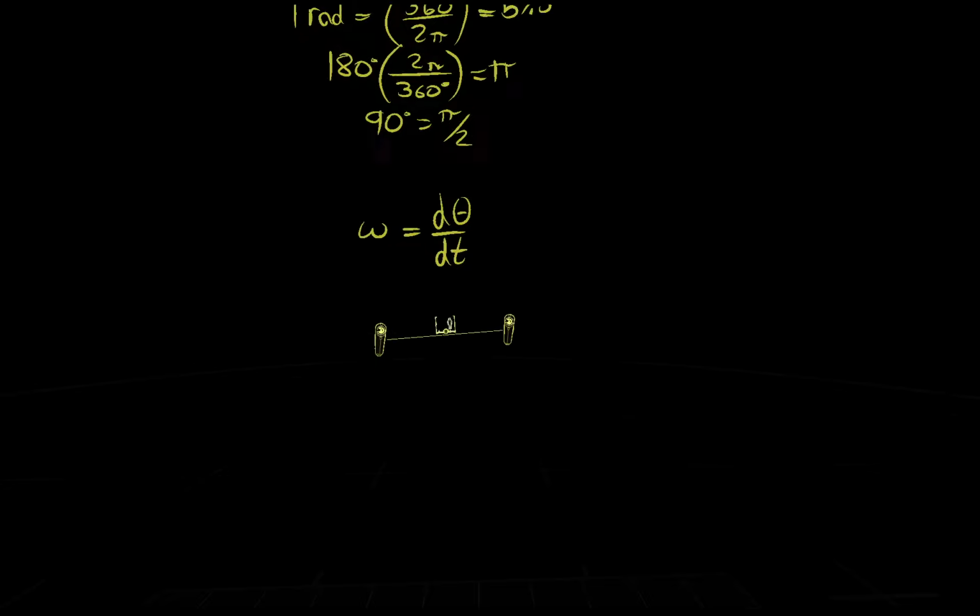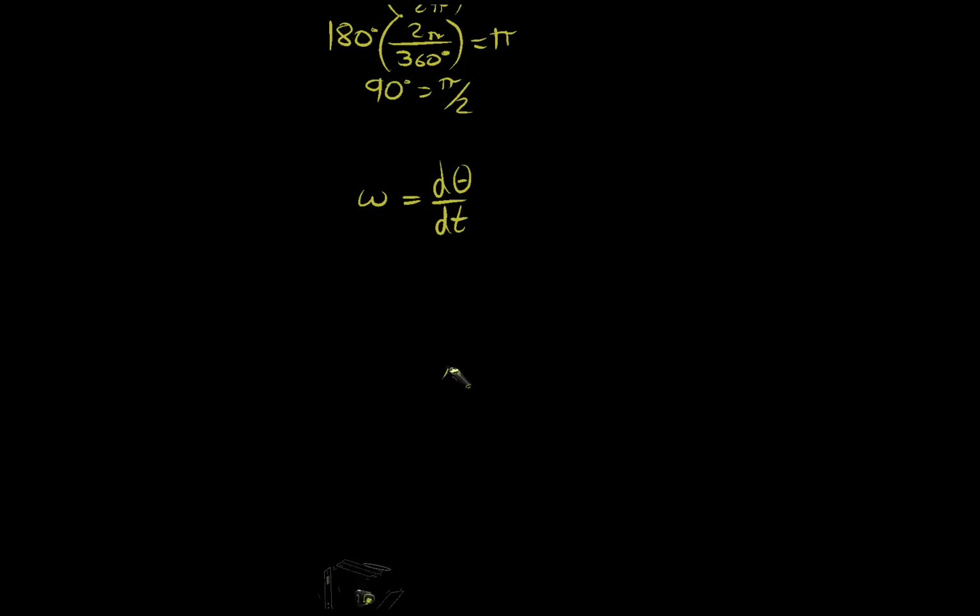So if you have something like a gear, and it's spinning around this way, so it's coming out at you here and away from you there. And the axis of rotation is going right through the center of it.